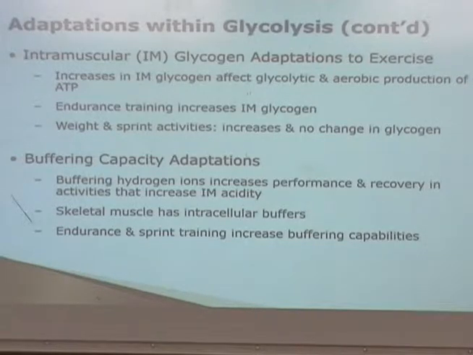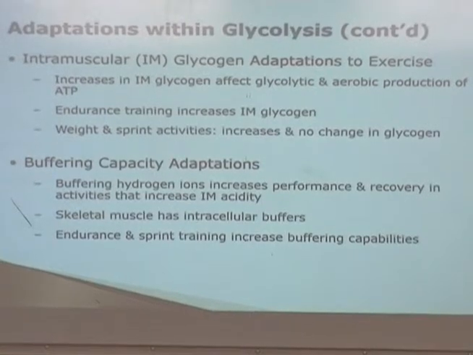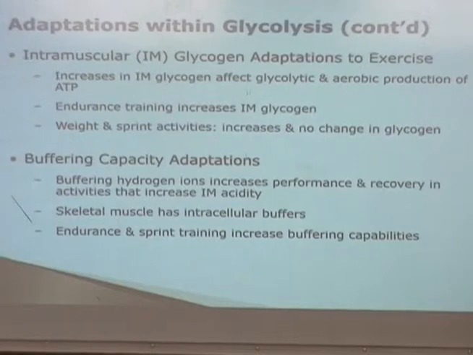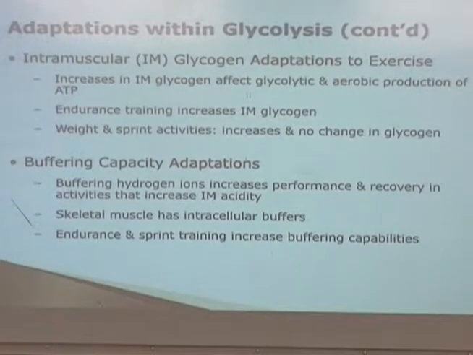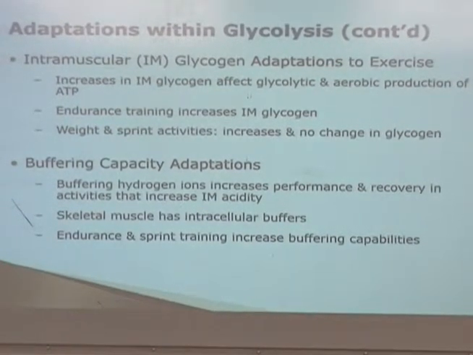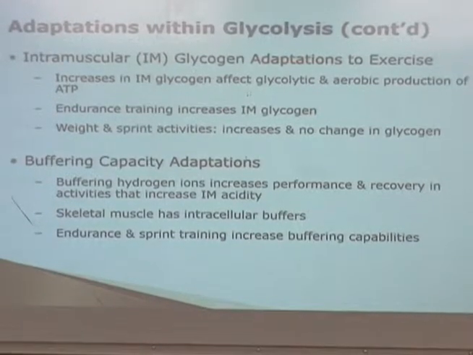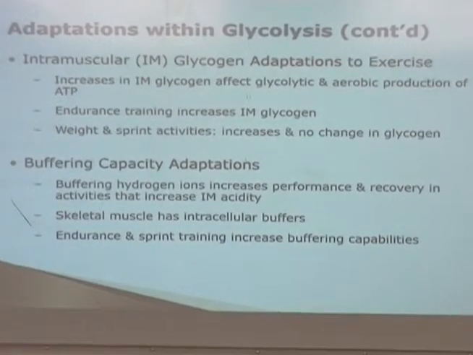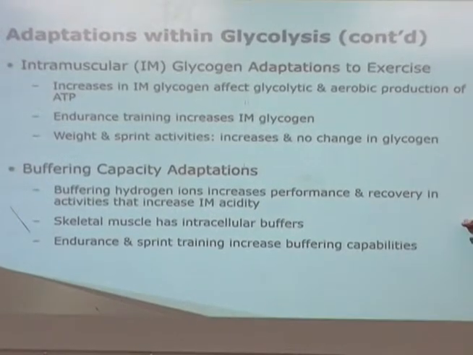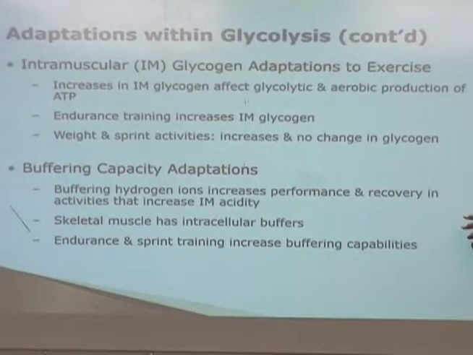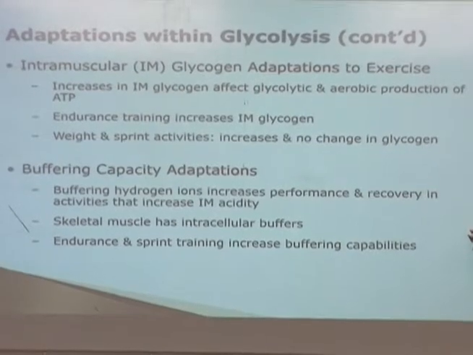All right, so the last type of adaptation that we would see is an increase in the cell's ability to buffer the hydrogen ions. Remember, the hydrogen ions are acidic, and the enzymes are very fussy about the range of pH that they're willing to tolerate. So once I start breaking carbohydrate down and releasing hydrogen ions, then I'm starting to change the pH, and that can cause a problem.